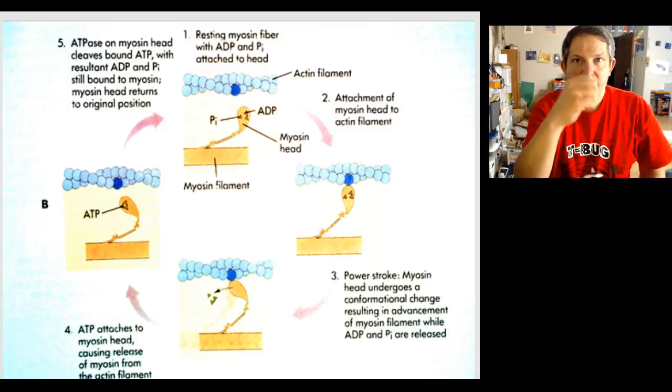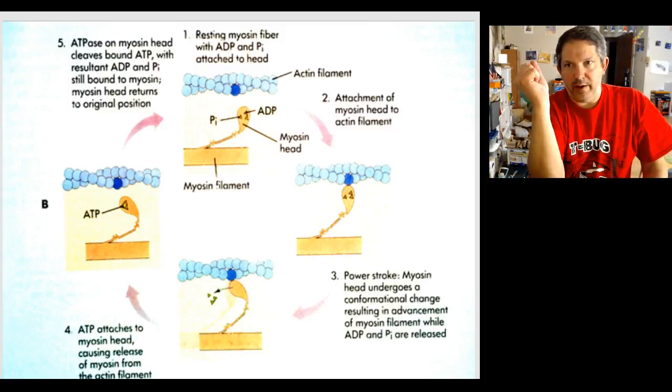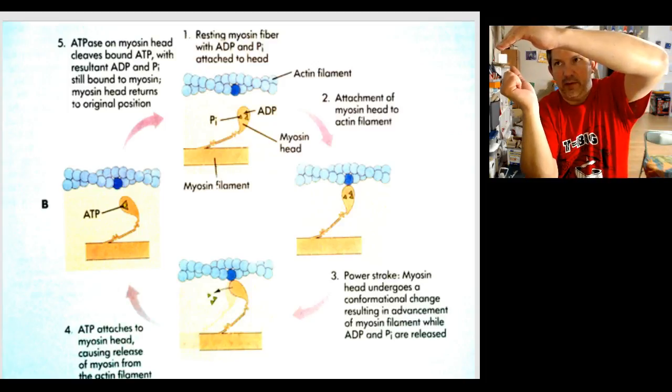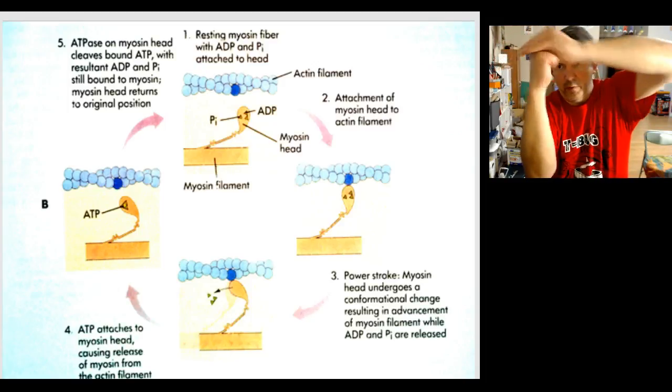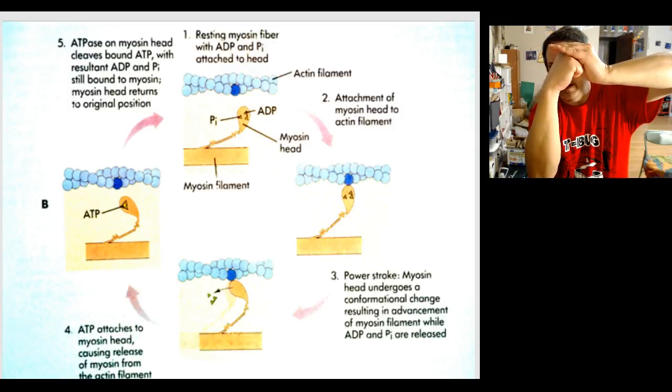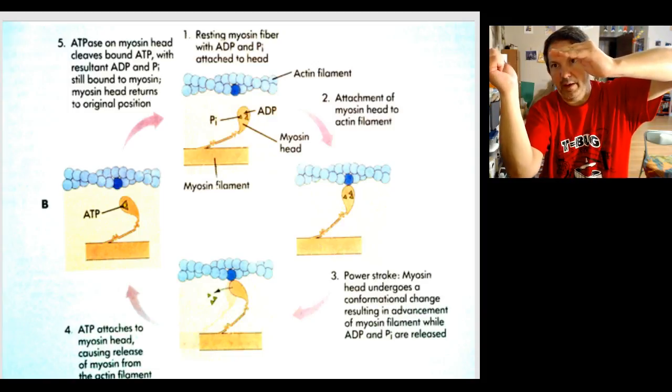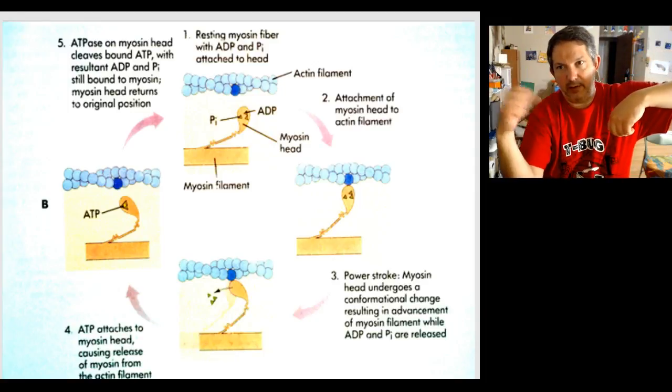So, does that make sense? I've used ATP, I'm ready. The binding site gets uncovered, so I bind, ratchet, and I'm waiting for more ATP. I need more ATP to let go and reset and grab, and if another binding site's available, I'll just grab and do this again.